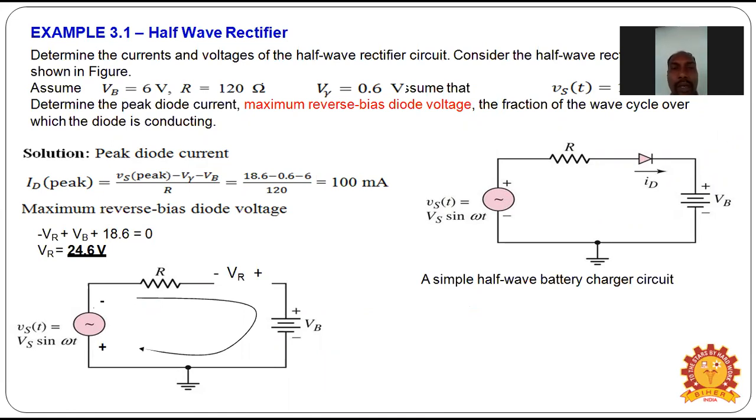This is an example of a half wave rectifier. To determine the circuit voltages of the half wave rectifier circuit, consider the half wave rectifier circuit; you can see that diagram.